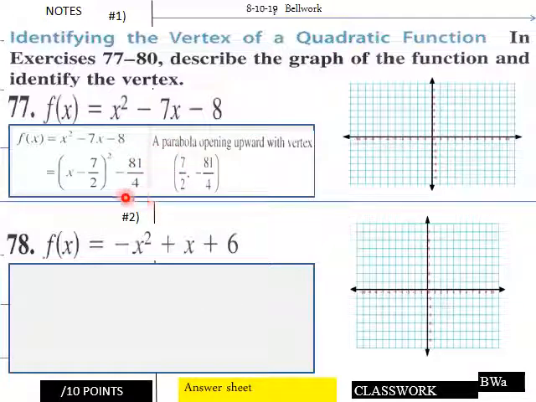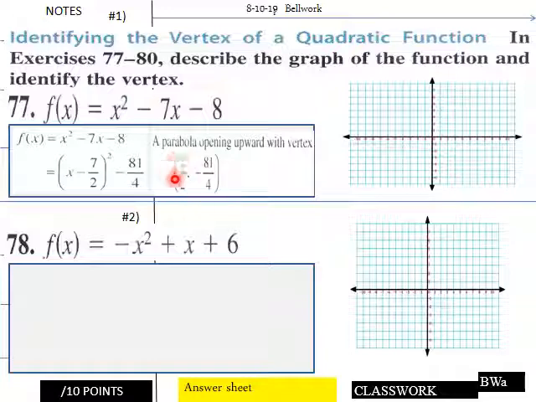And so in this situation, the parabola opens upward with a vertex. Our a here is positive, so you know your parabola is going to point up like that. And then negative b over 2a, so it'll be 7 over 2.